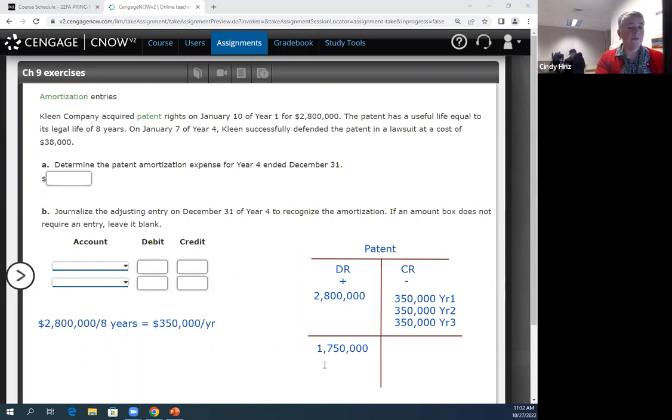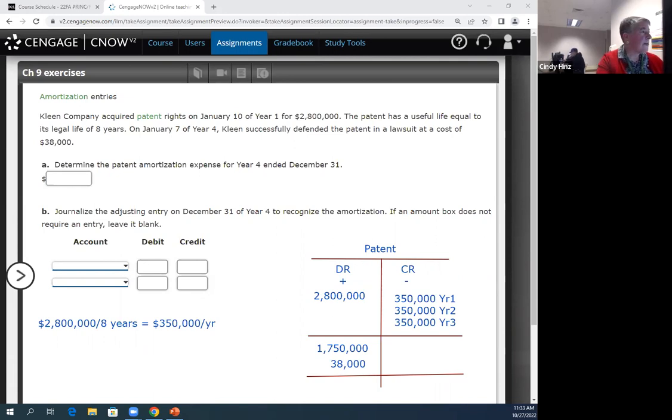And so the fact that we had to spend $38,000 to defend our patent in court actually increases the cost of that patent. And so those legal costs, rather than being reported as legal expense that year, we are simply going to add it to the value of the patent.